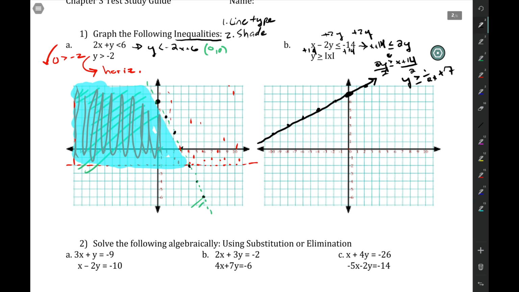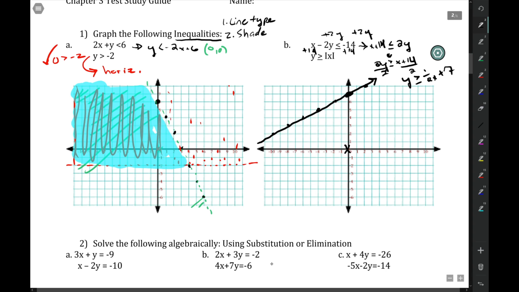Yes, you want everything below, or no, 0. Sorry. Test it out yourself. So 0 minus 2 times 0. Is that less than or equal to negative 14? So is 0 less than or equal to negative 14? That's false. So I don't want that point. I want everything above it.